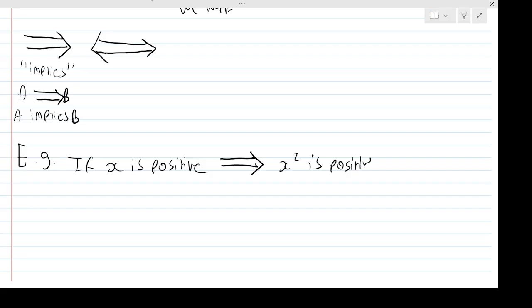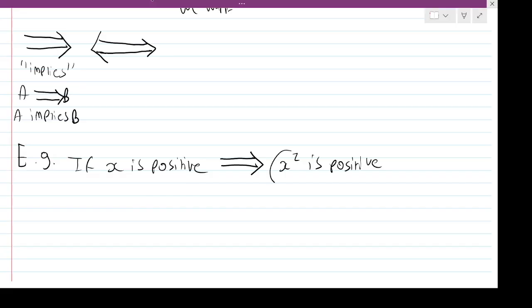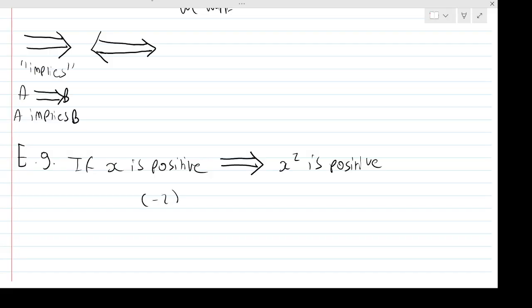And we know that's true because, well, 2 squared would be 4. That's positive. And the whole idea is that every square number is positive, right? Because that's how squares work. You times it by itself. So if you had a negative number, say negative 2 times negative 2, that will also be positive 4, okay? But if we know x is positive, then that automatically means x squared is also positive.